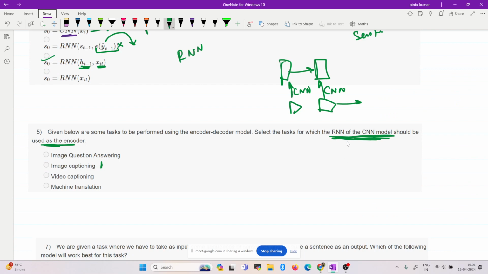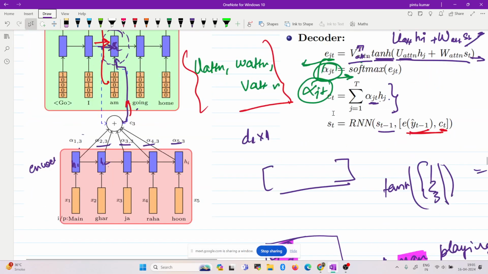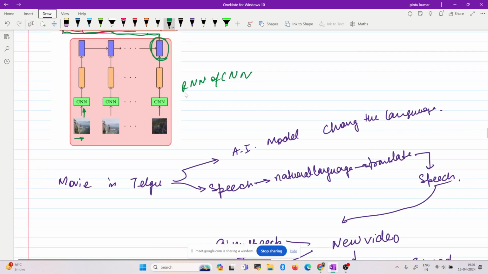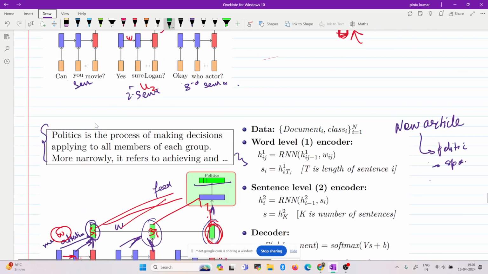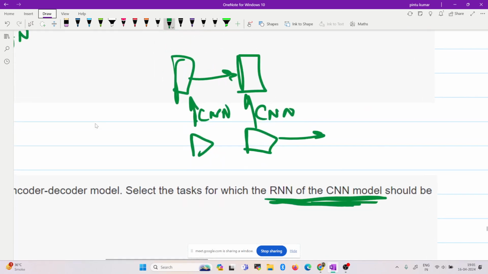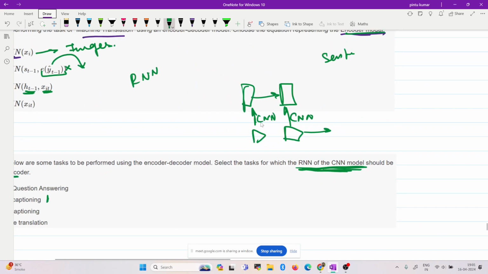We did this example a few moments ago, where we had RNN of CNN, I wrote it there also. What we mean by RNN of CNN is that you have a sequence of elements on which you are applying CNN. On what things do you apply CNNs?